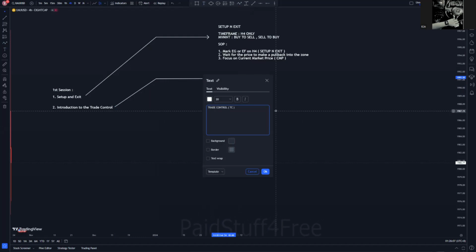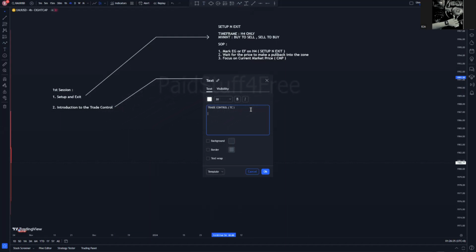In this session, we're just going to discuss the basics, and then we're going to go deeper in our next session, which is the second session. Talking about the trade control.